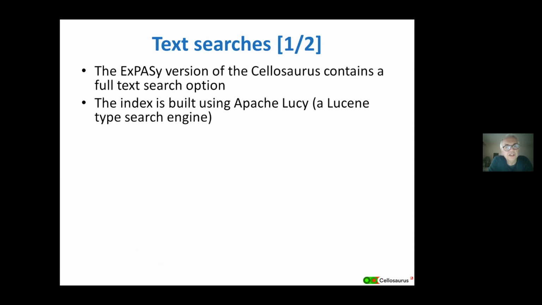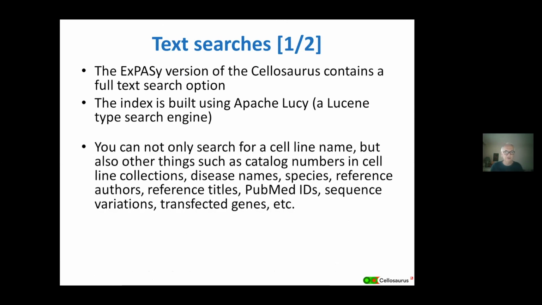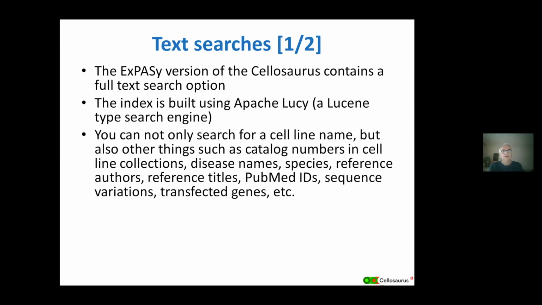The search is built on an index, which was built using Apache Lucene, a Lucene type search engine, for those who know what Lucene is. And of course, you can search for a cell line name, but you can search for any other things which are in the text of the records of Cellosaurus, like the catalog number in the cell line collection, the disease name, the species, the reference authors, the titles, PubMed ID, sequence variation, transfected gene, and so on.